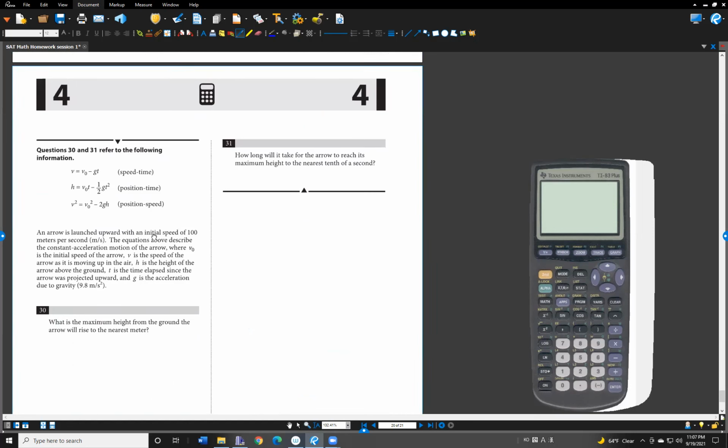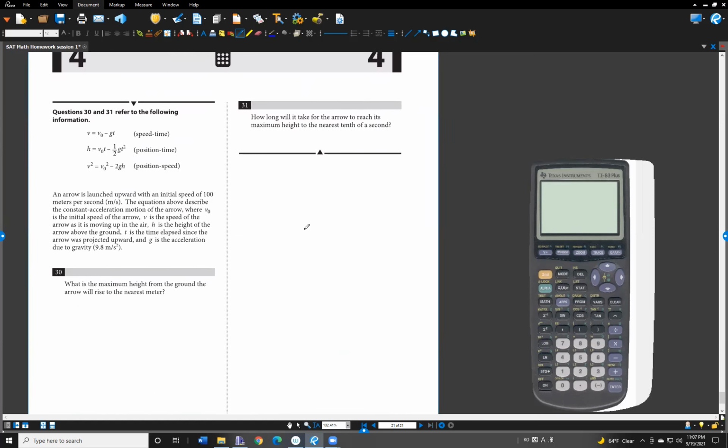All right, number 30. This is physics. Final velocity equals initial velocity minus g times t, where g is gravity. The graph of height with time looks like this.